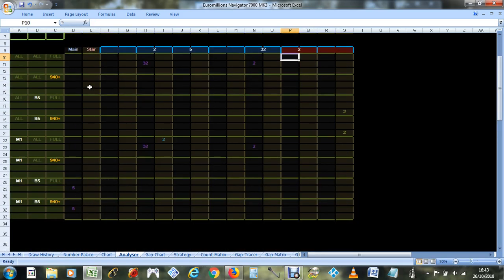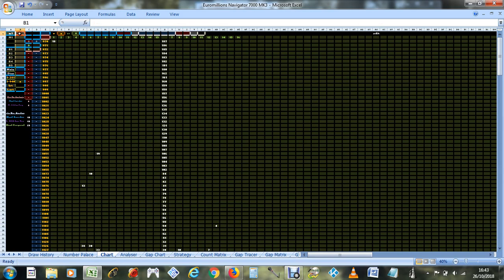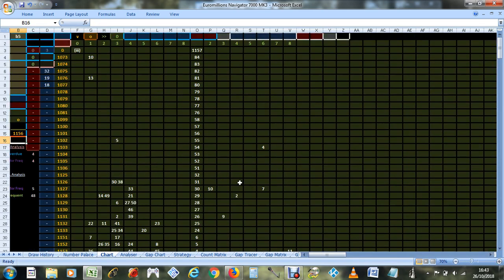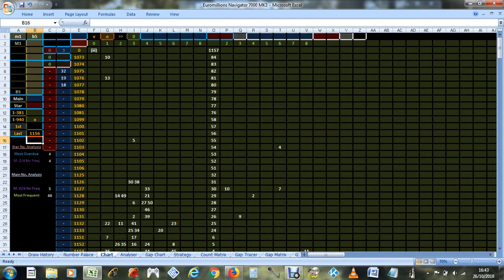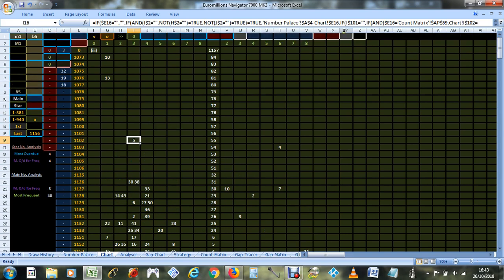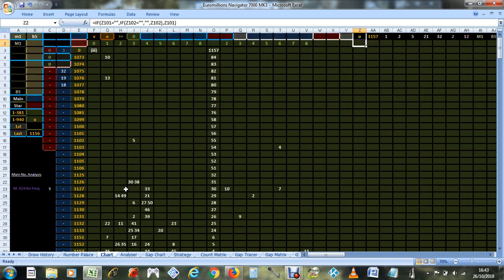So if we'd started by looking at this chart, the one for machine 1, set of balls 5, after draw 11:56, then the analyzer predicts that main number 5 was most overdue for its frequency, so I could have predicted that by looking at this chart, and if we'd done that and predicted it, it would have coincided with the next outcome.